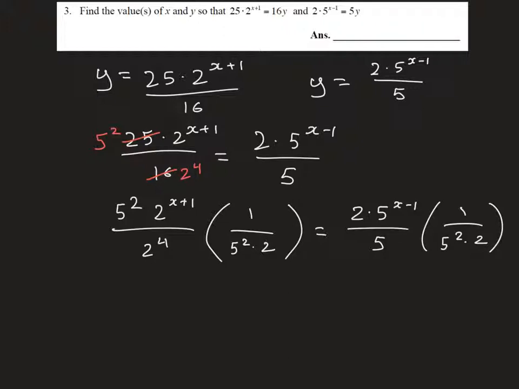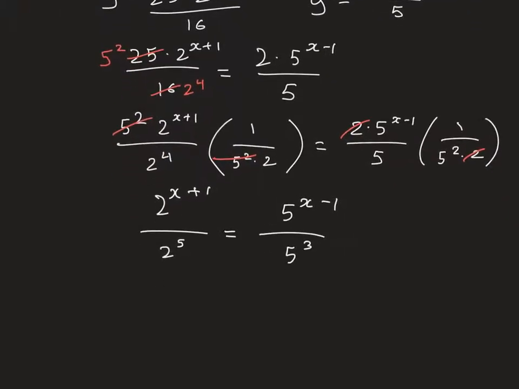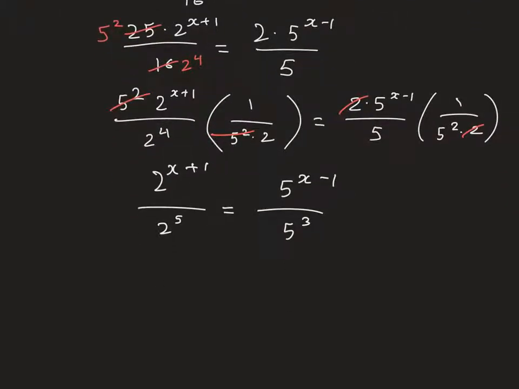And now we can write it as this. Because of fractions of terms canceling out, you can just subtract exponents, so you get 2 to the x minus 4 equals 5 to the x minus 4.